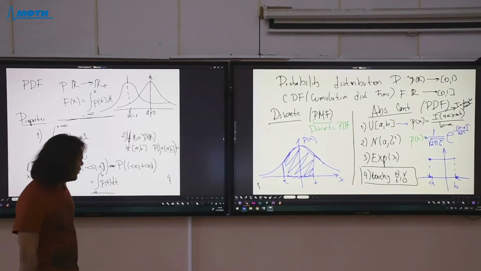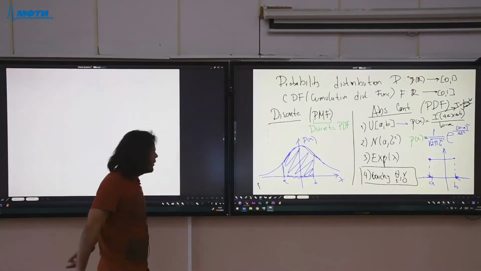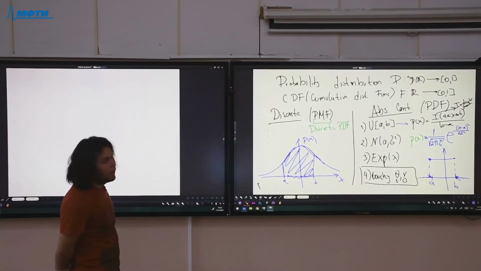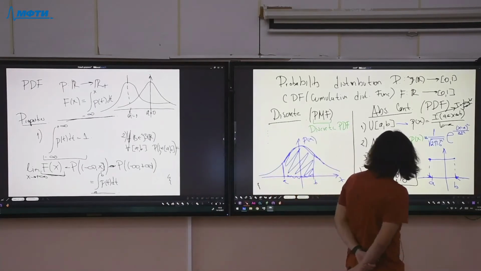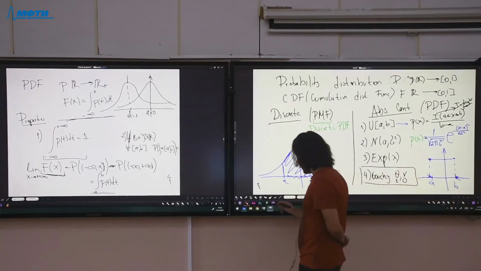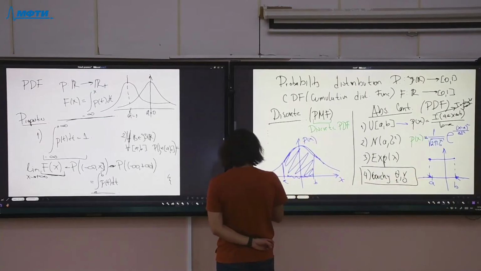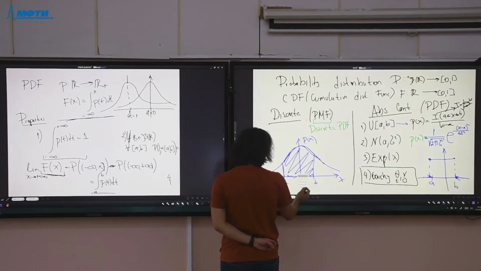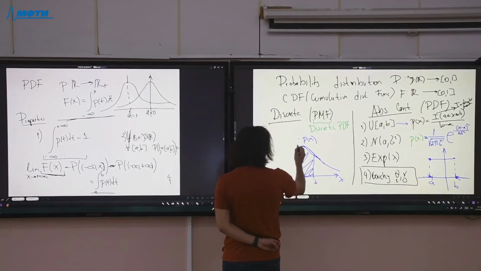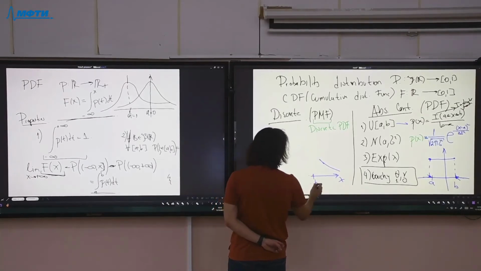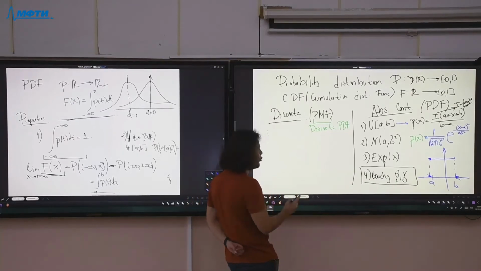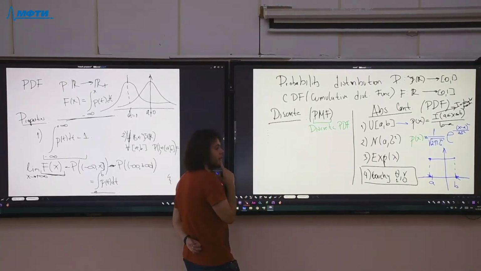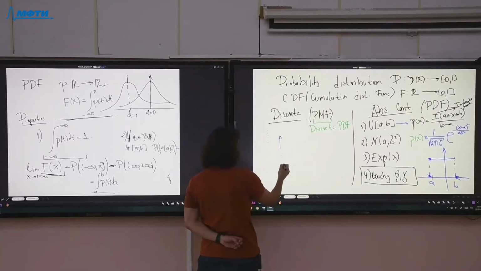And then let me write over here. And then when we have the exponential distribution, we know that the PDF looks like this.